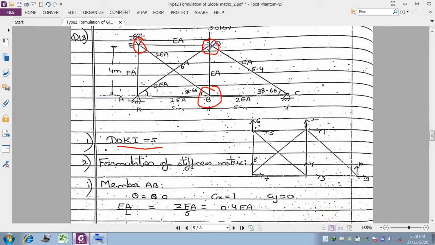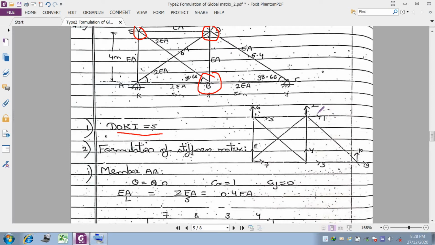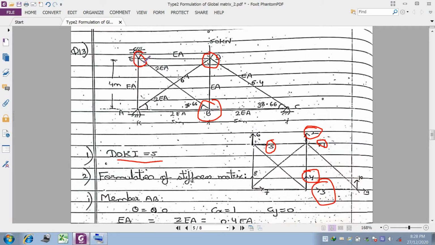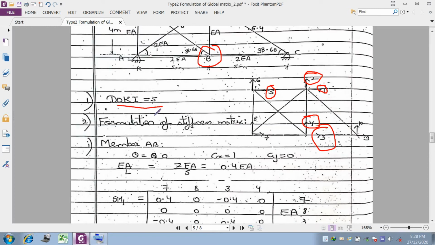We will start from D. Here 1 is unknown, 2 is unknown, 3 is unknown, 4 is unknown, and 5 is unknown. 6 is known, because at the roller support only one horizontal reaction will be formed, and the vertical reaction will be known. So based on that, we have calculated the DOKI, the degree of kinematic indeterminacy, as 5.